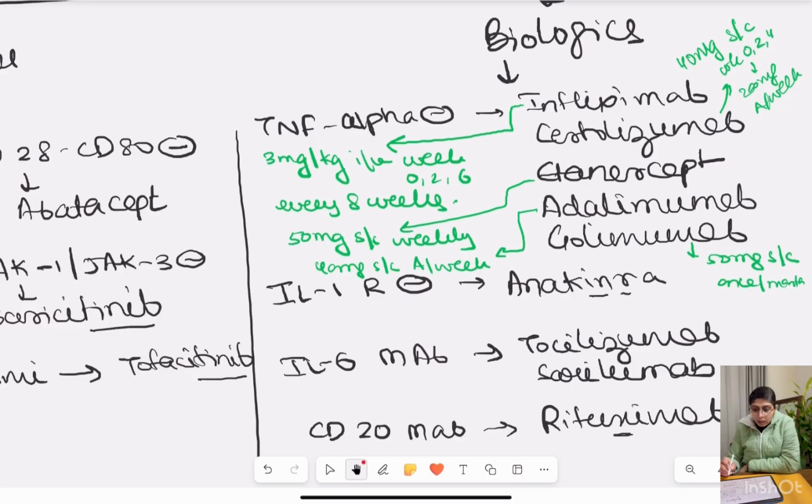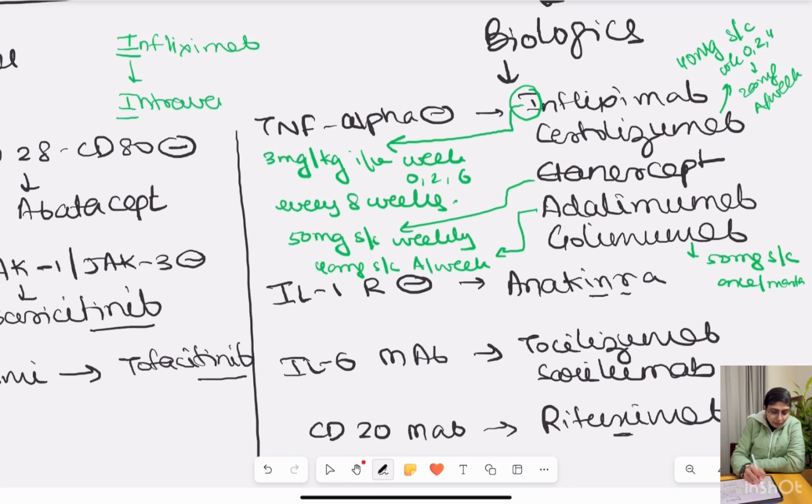Please remember, infliximab is IV. I for infliximab, and I for intravenous. So the only IV TNF alpha inhibitor is infliximab, and the dose is 3 milligram per kg IV, week 0 to 6, and then once in 2 months.